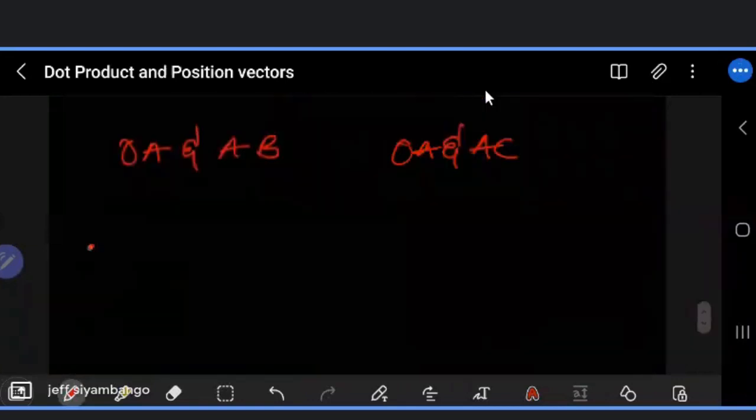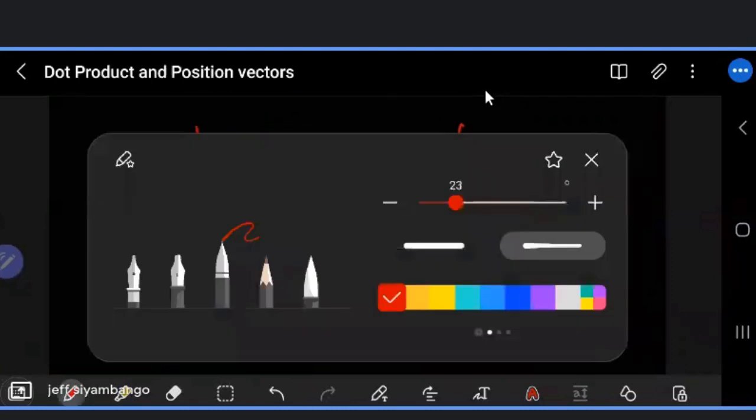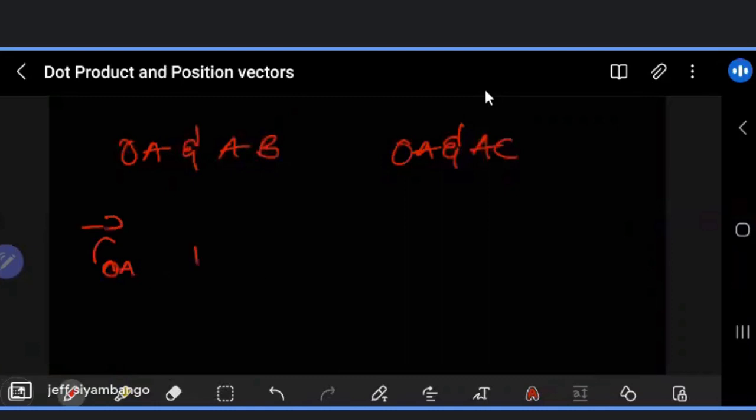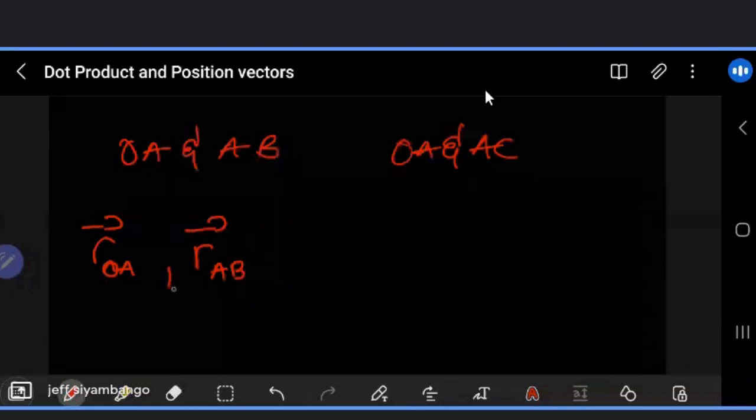So if we can get the displacement vector ROA, and also get the displacement vector RAB, and also get the displacement vector RAC.